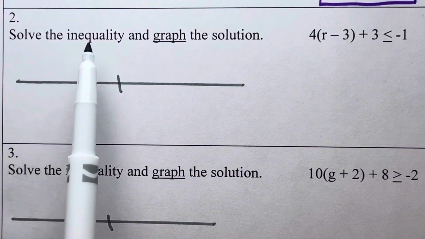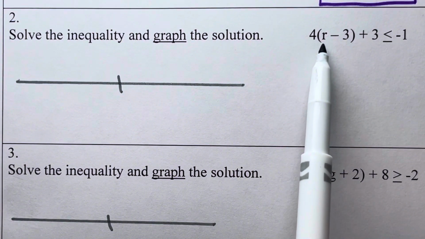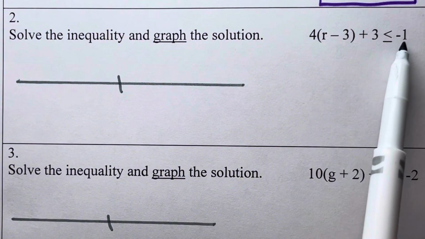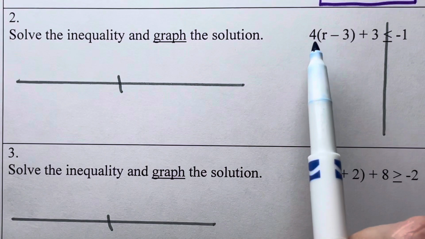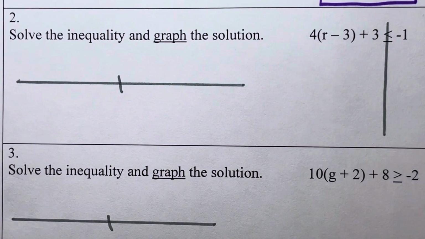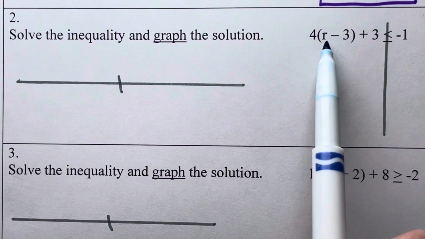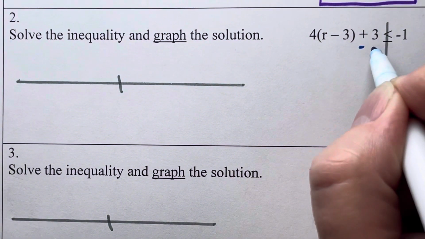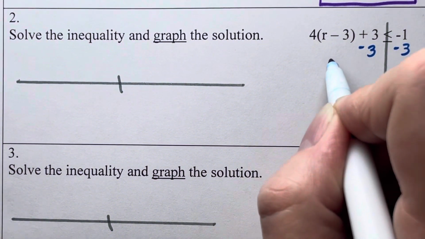Example 2. We're going to solve the inequality and graph its solution where 4 times the quantity of r minus 3 plus 3 is less than or equal to negative 1. Let's get solving. Hey, so we have two numbers outside of the parentheses on the same side of the river as our variable. So you know from previous lessons that we have to get rid of the one that is adding or subtracting first.